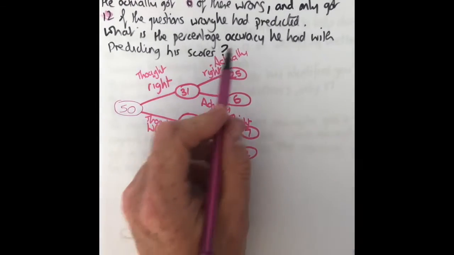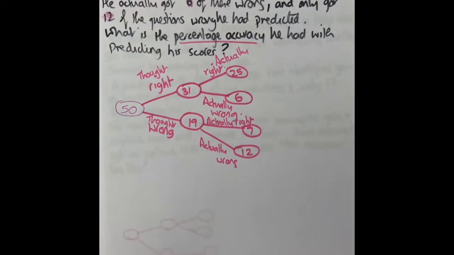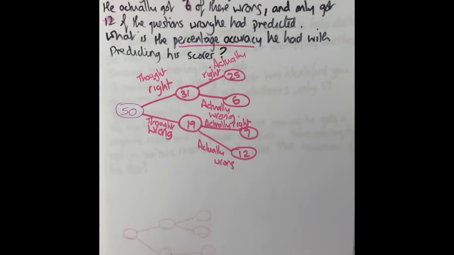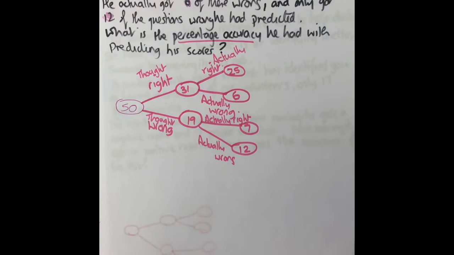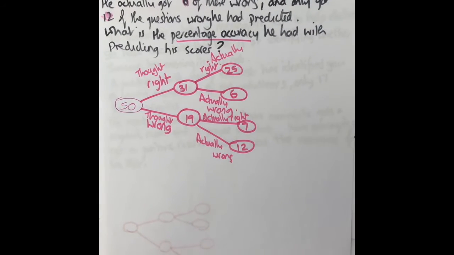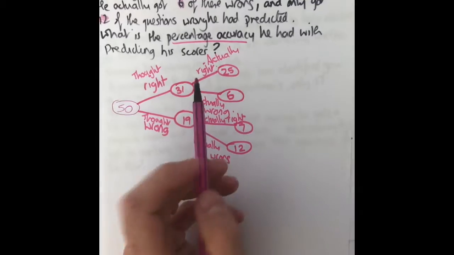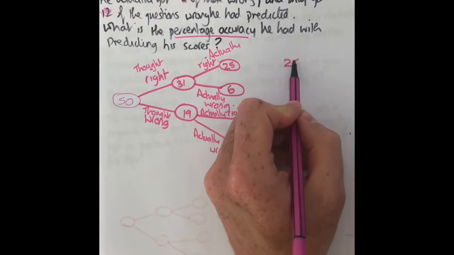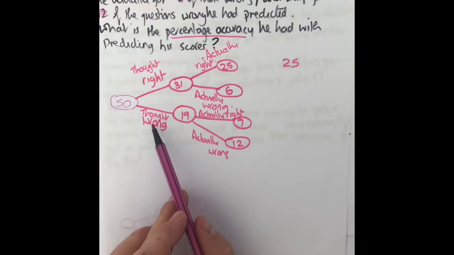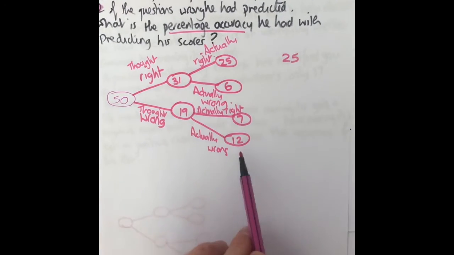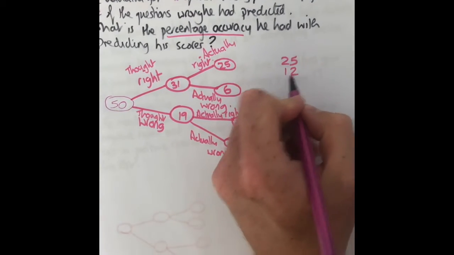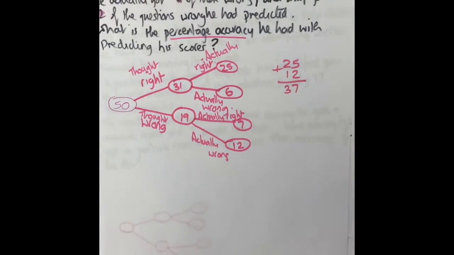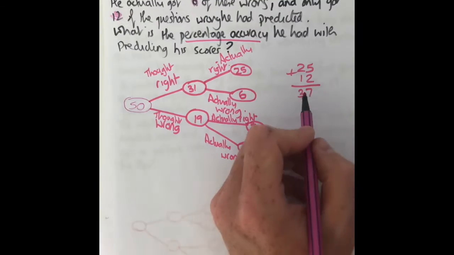Then it says, what's the percentage accuracy he had with predicting his scores? So in other words, how many did he get right, predicted correctly out of the total? So if he thought he got 31 right, he actually got 25 right. And he thought he got 19 wrong, he actually got 12 wrong. So if we add those two together, he got 37 correct out of 50 predicted.